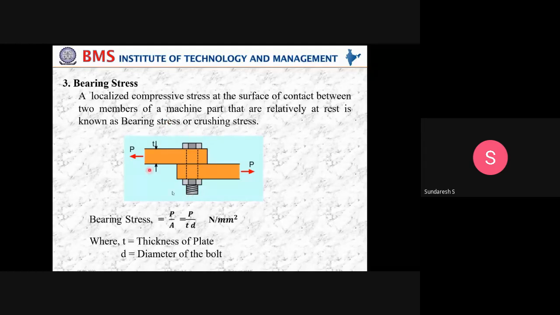Compressive stresses across the surface of contact between two members of a machine part that are relatively at rest are known as bearing stress or crushing stress. So please remember normal stress, shear stress, and bearing stress.